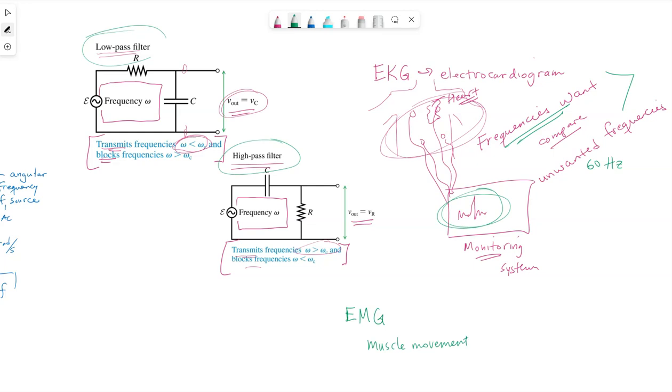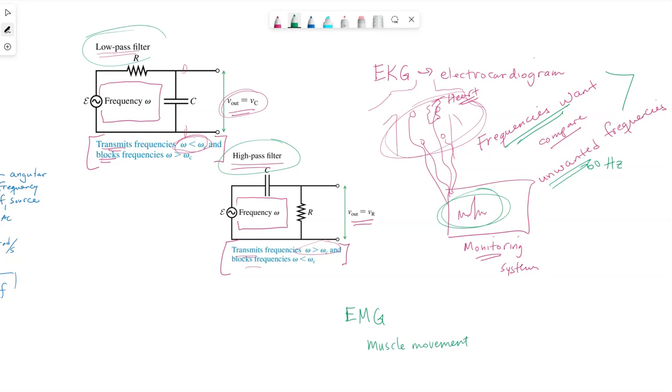And the same idea was there. We had to rule out and block unwanted frequencies and allow the transmission of the frequencies that would be detected from the muscle movement. And it's been way too long since I was in grad school, so I don't remember which one was higher or lower, but I do specifically remember needing to filter out the unwanted frequencies.